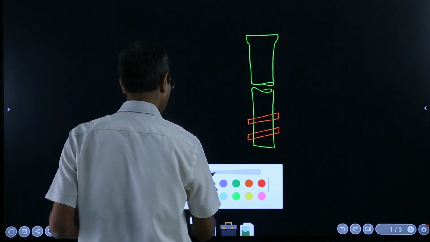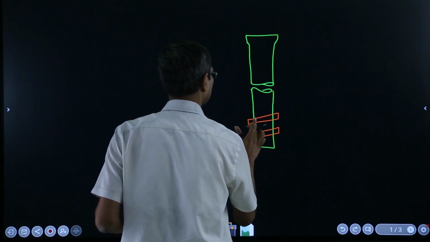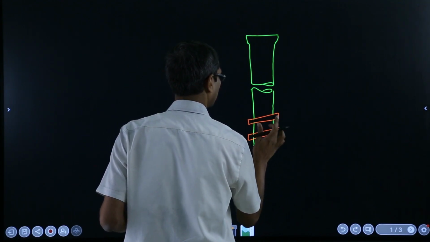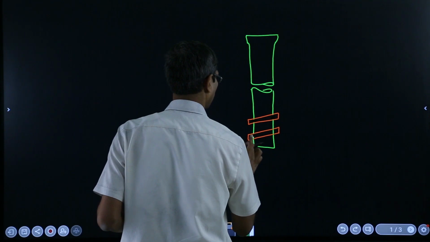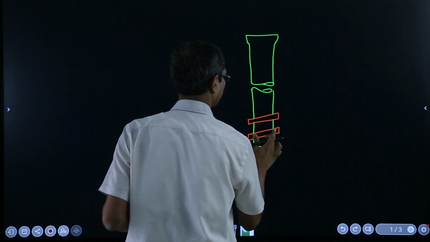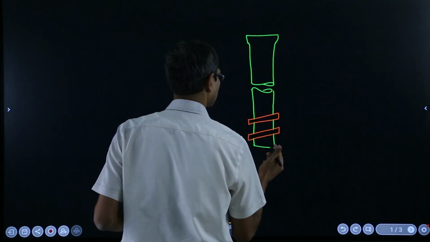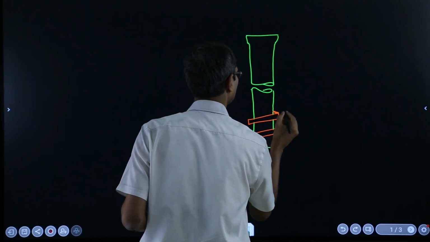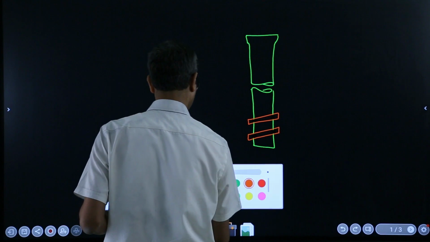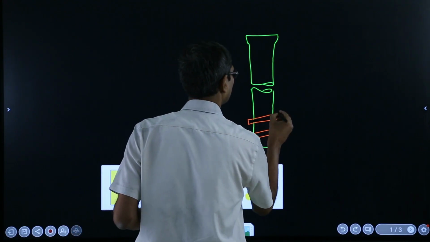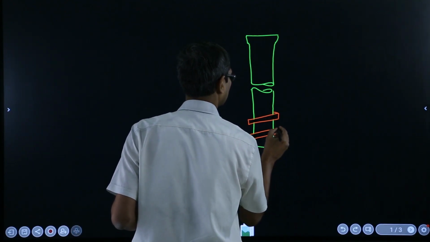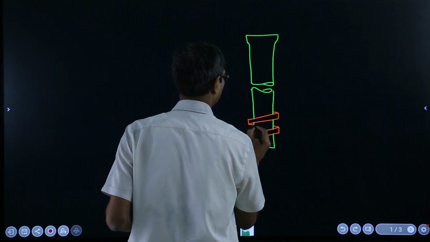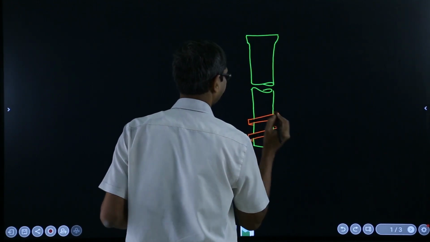And I shall erase these things in between here. So something like that, and then here I should, sorry. So now this I'll join like that, and here I'll join like this.